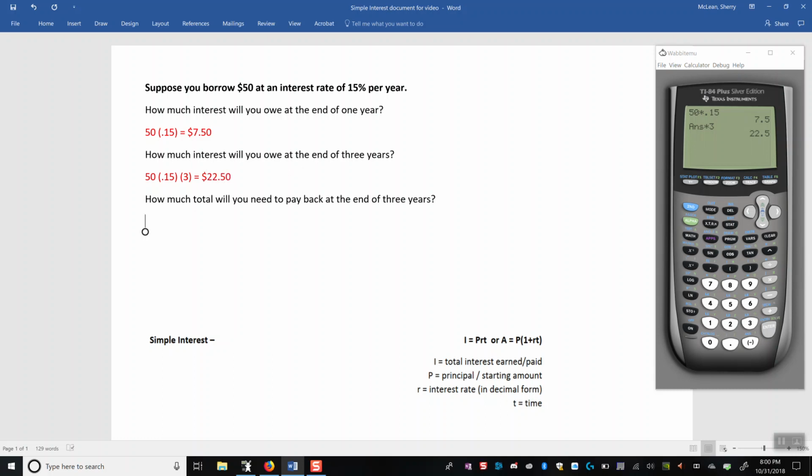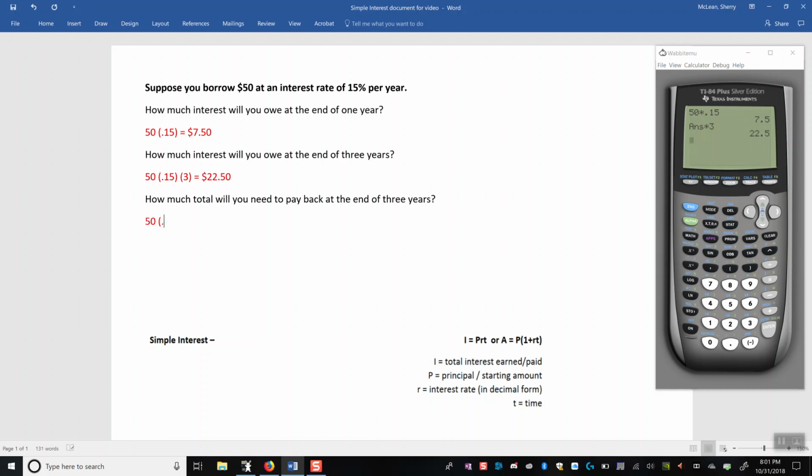Sometimes what we're interested in is not just the amount of interest, but the total amount that is accumulated over that period of time, where you're trying to figure out the total amount that you'd need to pay back, which would include the interest as well as the initial amount of the borrowed money. So how would you figure that? In this case, we would figure out what our interest was.